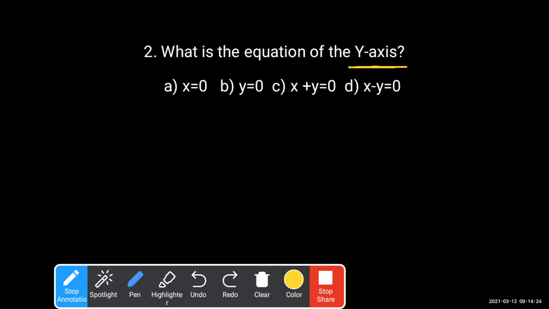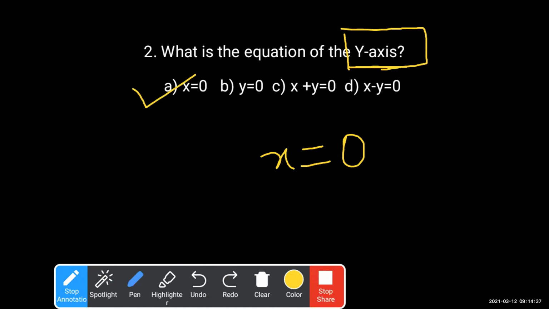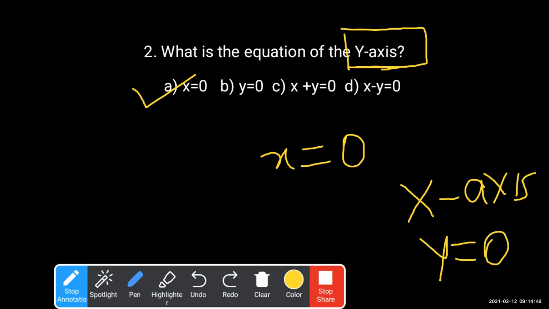One trick to remember: if it is asked for the y-axis, then it will be x is equal to 0. But if they ask for the x-axis, then the equation will be y equals 0. Just remember, when it is asked for the y-axis, x will be 0; when it is asked for the x-axis, y will be 0.